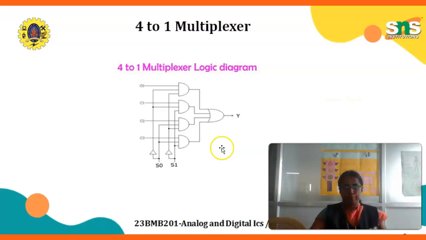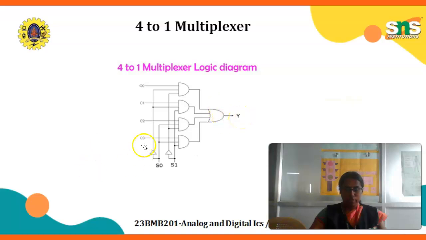In the second case, 0, 1: if S0 is 0 and S1 is 1, D1 goes to the output Y. Next, D2 is selected for 1, 0, and D2 is connected to the output.